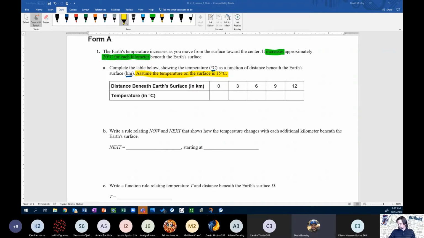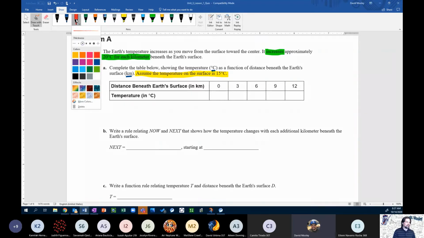Let me ask you guys, we've highlighted two different things within the first few sentences of this problem. Why did we highlight those? Why are they important? Tell me in the chat. What's the stuff I highlighted in green? The first thing I highlighted is that it increases approximately 20 degrees Celsius for each kilometer.